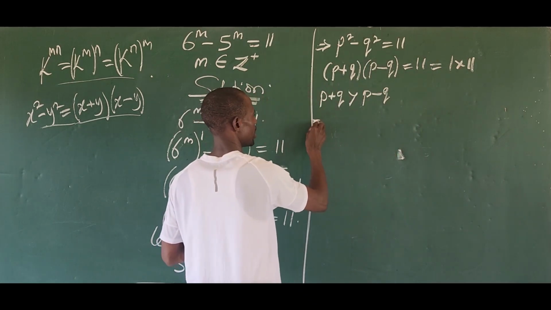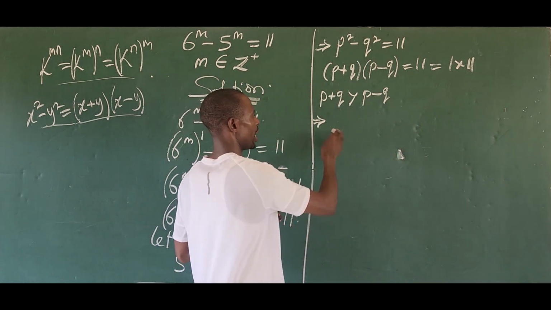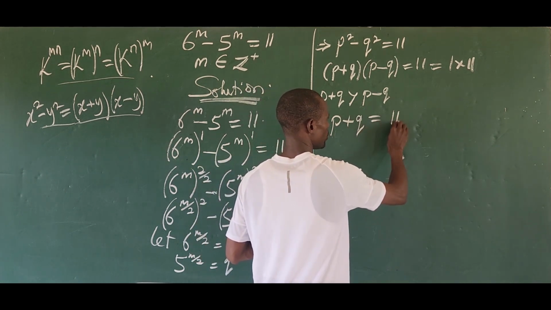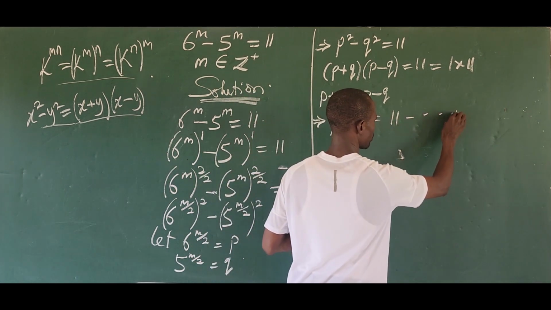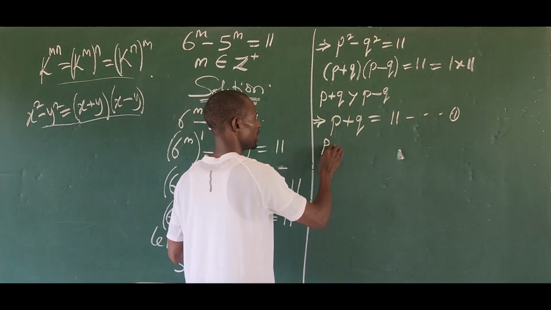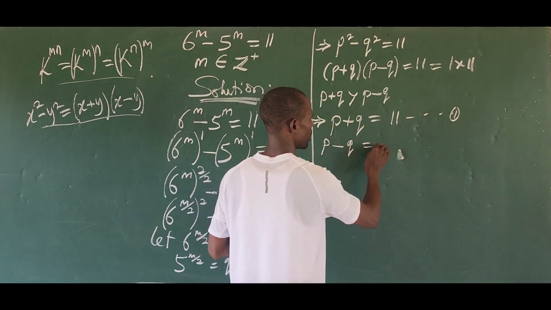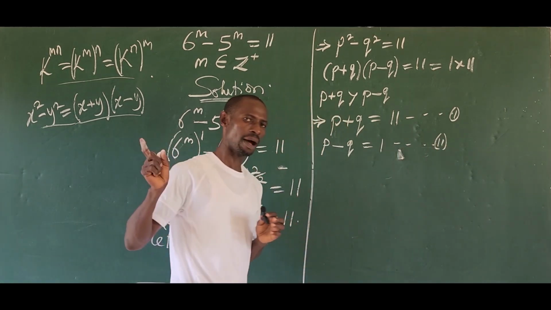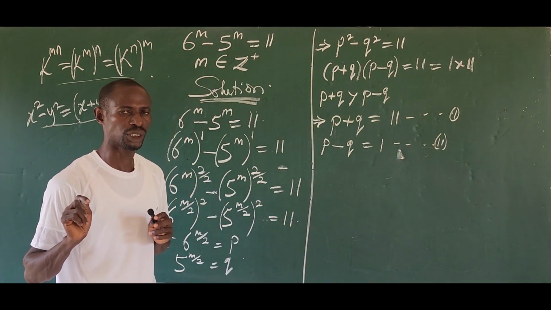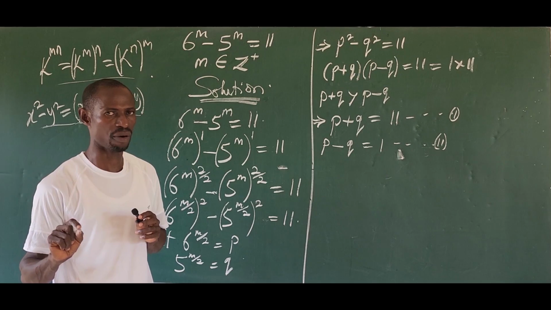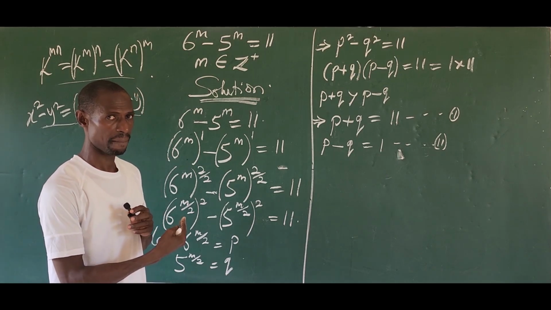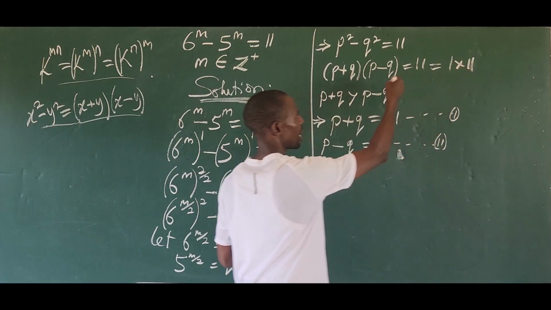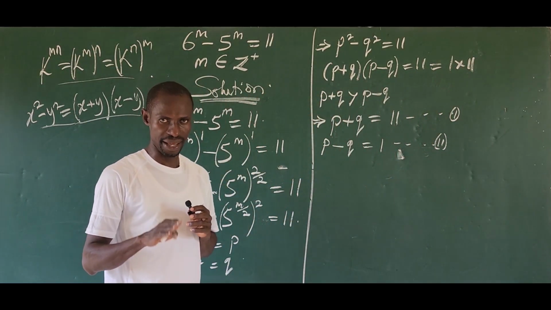And so this now implies that we're going to have p plus q equal to 11, let's take this equation 1, and p minus q equal to 1, let's take this equation 2. Now, again, because we are looking for just the positive integer or the integer solution of this challenge here, that's why, if not, there are other fractions we can multiply together to give us 11.